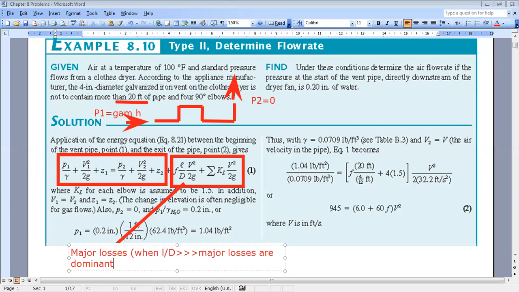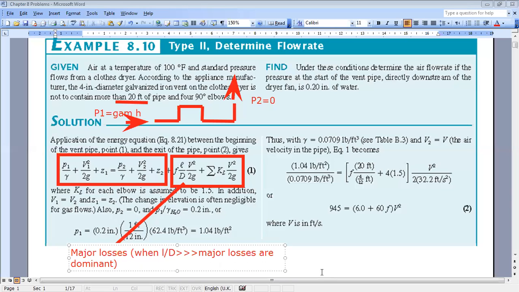Now in other cases, when they don't tell you that you can neglect minor losses, you should account for all accessories in your system that can lead to losses. So if you have an elbow, a valve, a certain bending angle, any fitting will induce minor losses, okay?